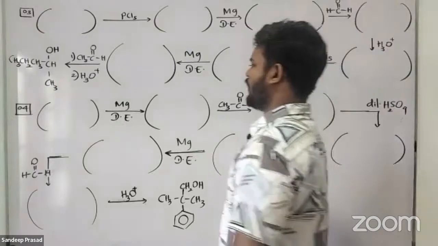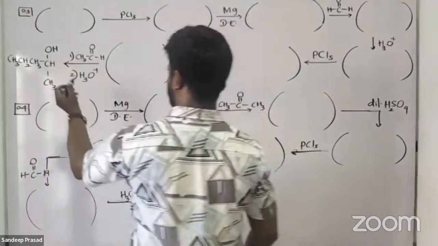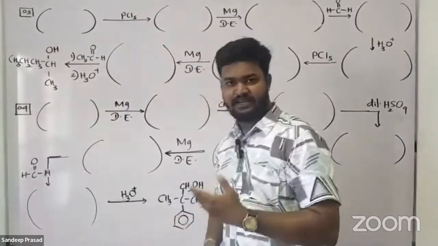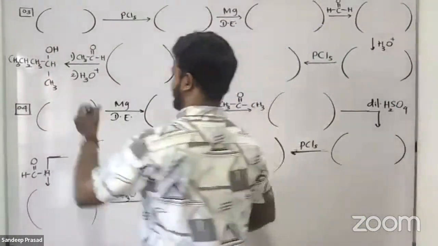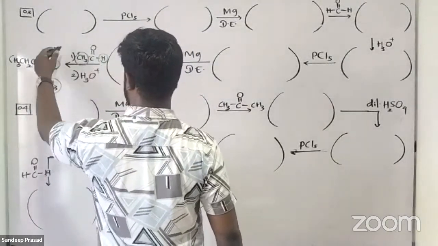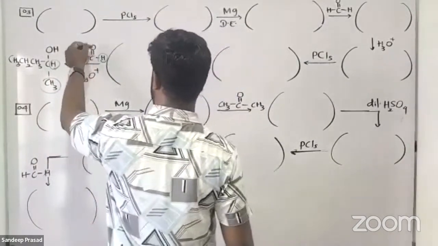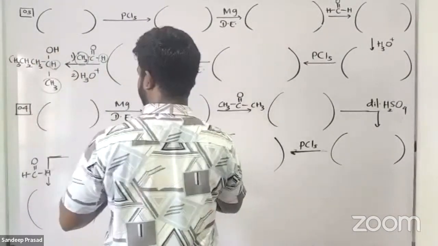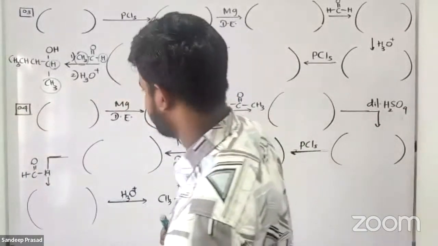Since we are going backward, we have to start from here. Very easy. We have formed an alcohol and they have added here an aldehyde. What is the aldehyde? Since there are two carbon atoms, this is ethanal. So from the ethanal, the CH3 group came here, and hydrogen came here. Then the remaining ones are related to the Grignard reagent. This carbonyl group converted to CHOH. So this group should be CH3, CH2, CH2.